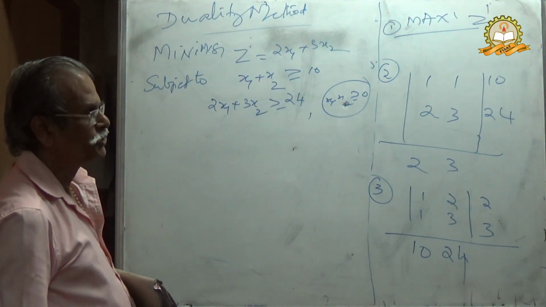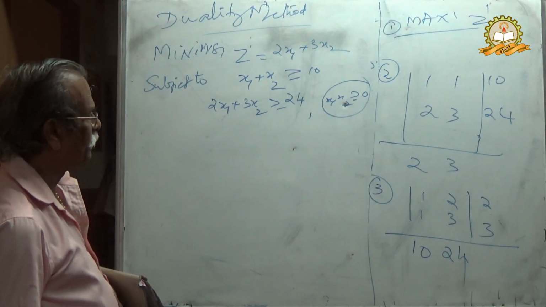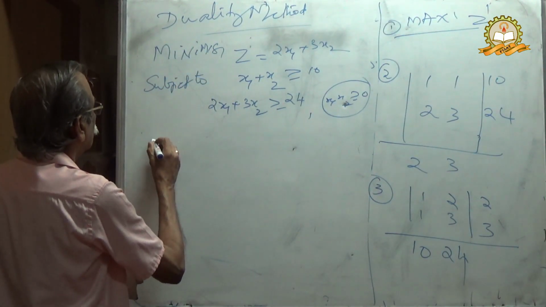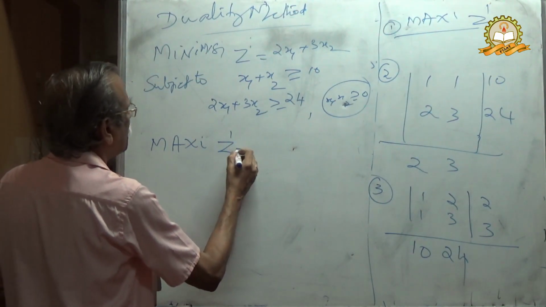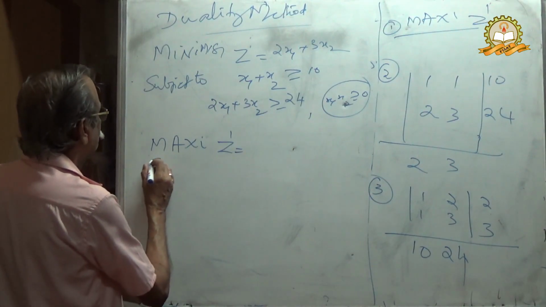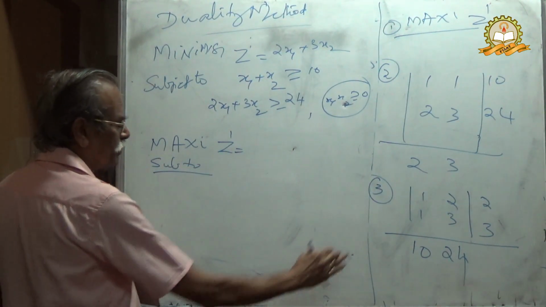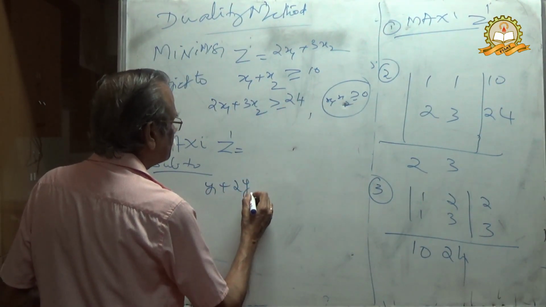Therefore, the dual: here it was minimum, therefore the dual will be maximize z dash equal to 10y1 plus 24y2, subject to constraints. You can read this: y1 plus 2y2.